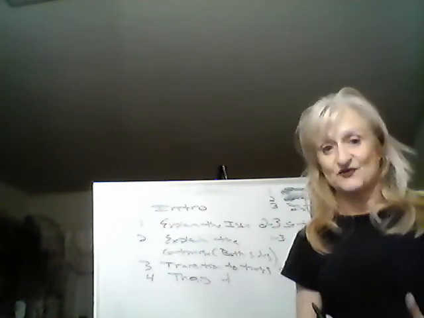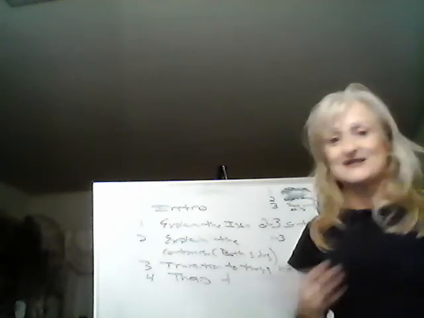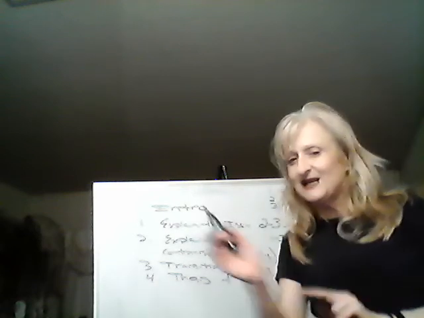Number 2, you need to explain the controversy. Why do people disagree about this? Explain briefly both sides, 1 to 3 sentences. Transition to the thesis. Guide them to your thesis. Start explaining and heading things in that direction before the thesis. And then you need your thesis statement, which is 1 sentence.